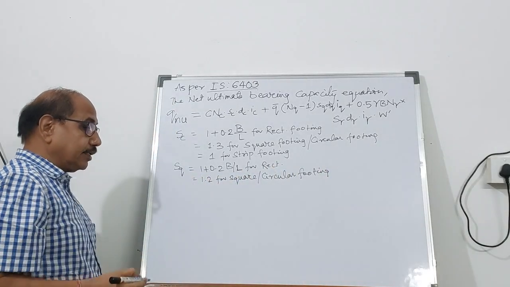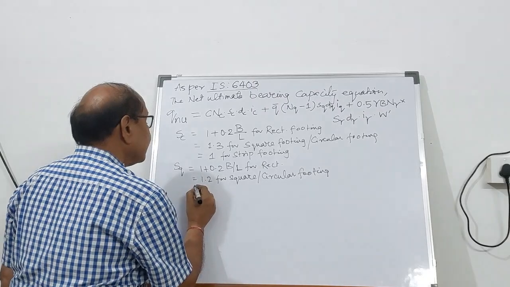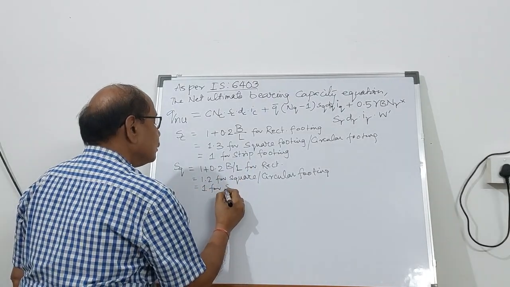So Sq you can find out, and 1 for a strip footing.